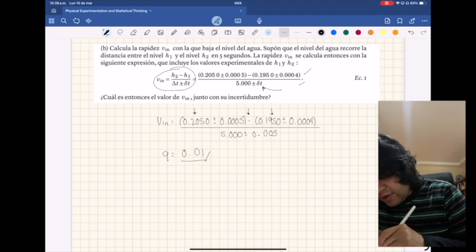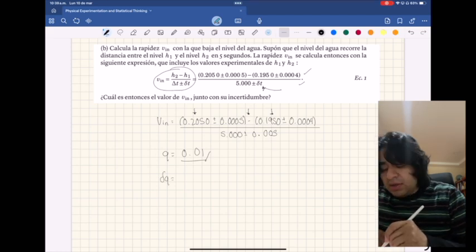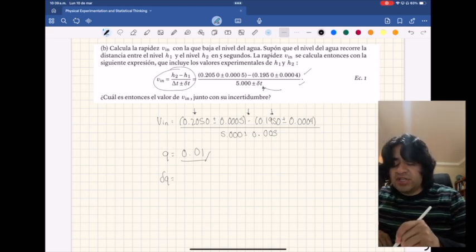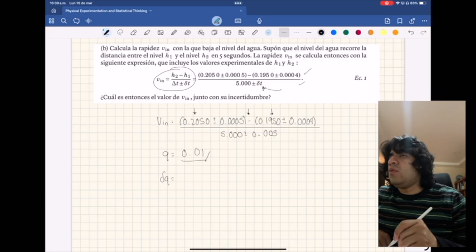And now we have to determine the uncertainty. Here the quick rule indicates that for addition and subtraction, we have to add the uncertainties.